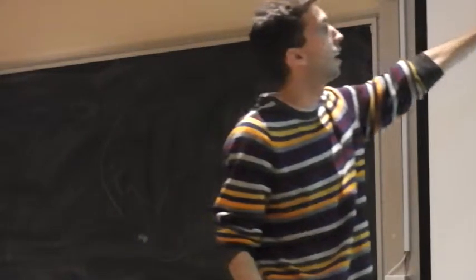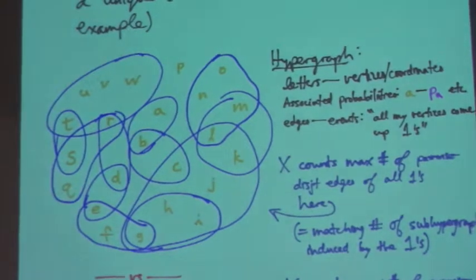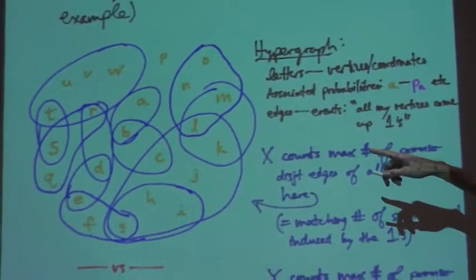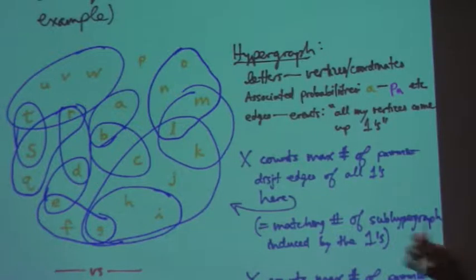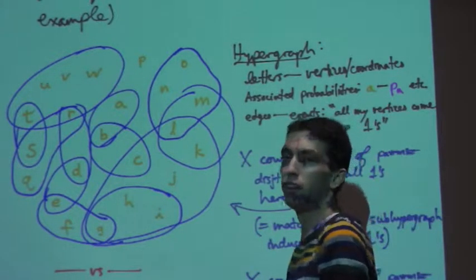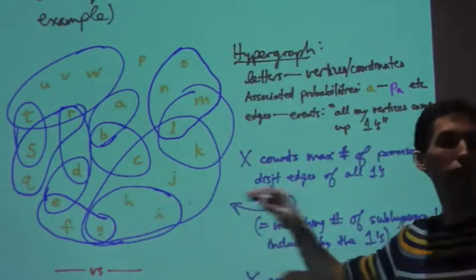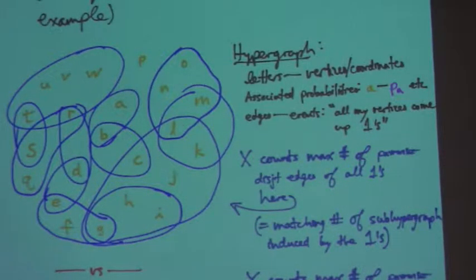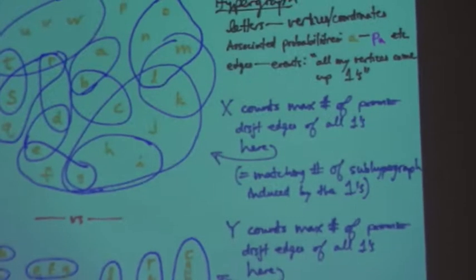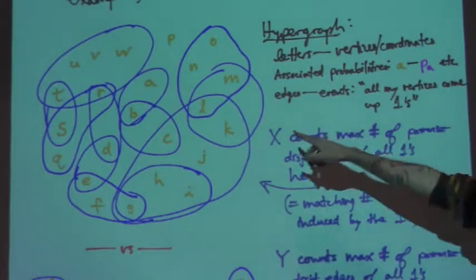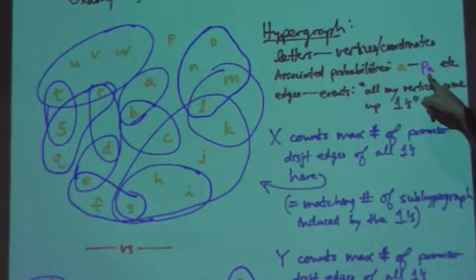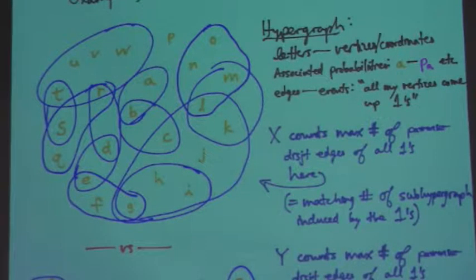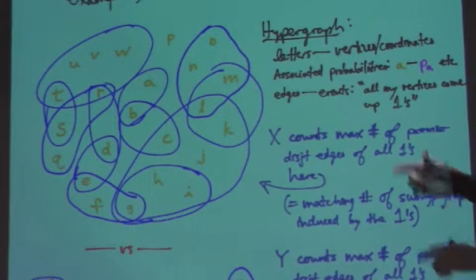So if all the events look like that, then we can draw the situation as a hypergraph. All the coordinates are letters, and they're the vertices of the hypergraph. All of those generators for the events are the edges in the hypergraph. Not shown in the picture is that each vertex has an associated probability on it, which corresponds to the particular coin weight for that vertex.